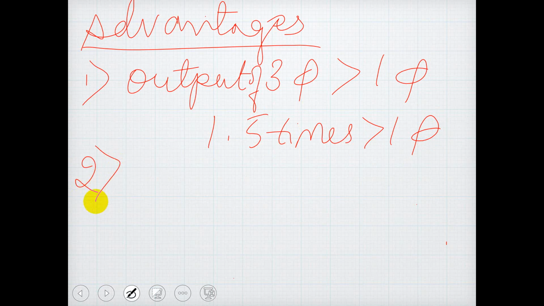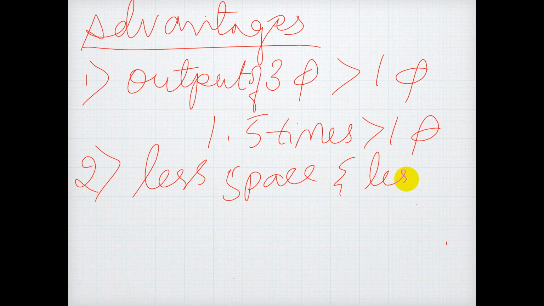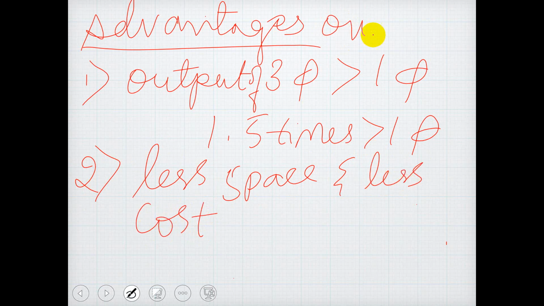The second advantage is that for a given size and voltage, a three-phase alternator or three-phase AC generator occupies less space and less cost compared to single phase.